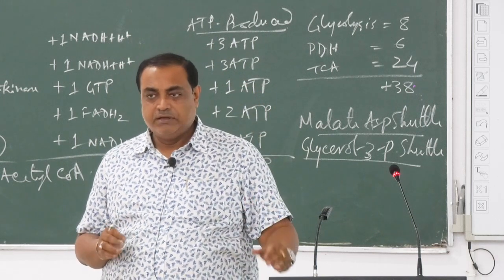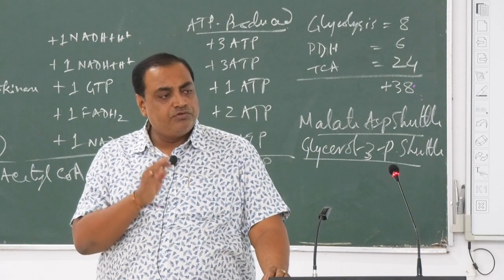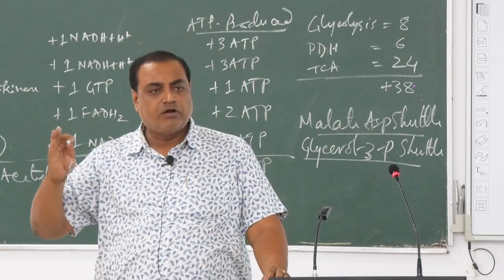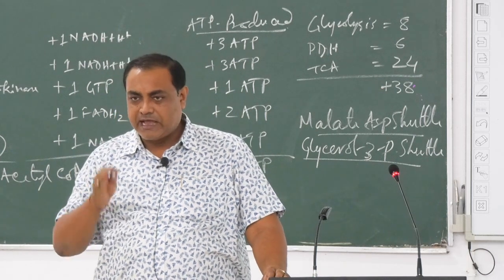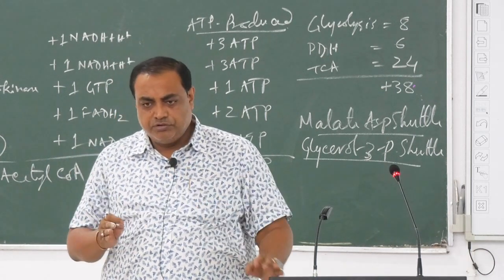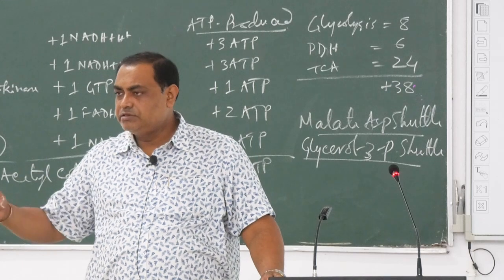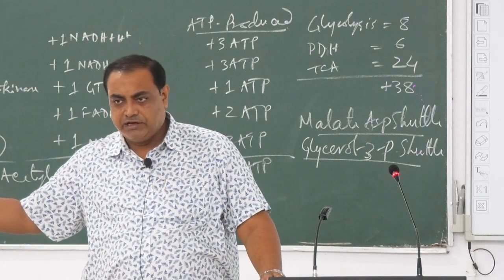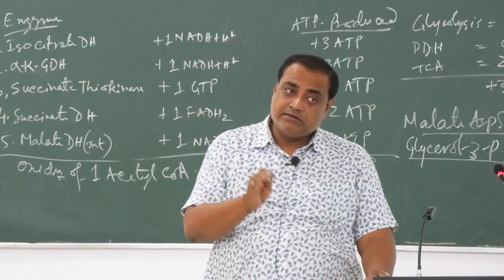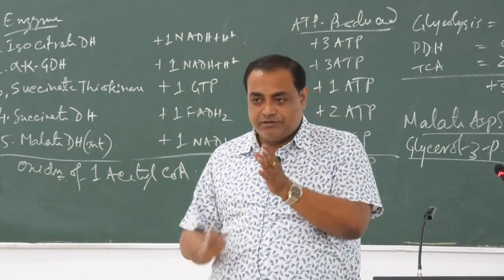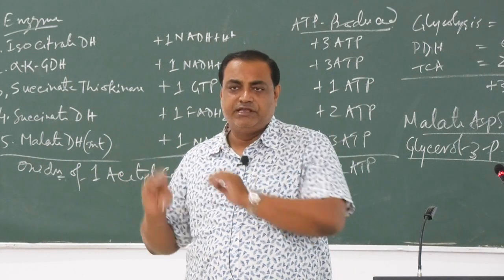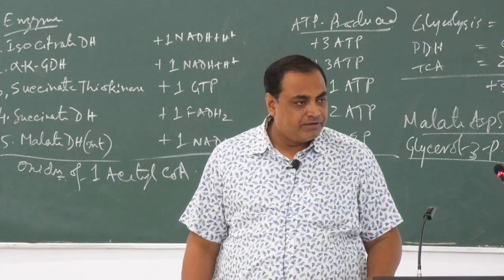The electrons carried by NADH travel through 3 transporters of hydrogen ion, whereas the electrons carried by FADH2 travel through only 2 transport systems of H plus ion. Right?